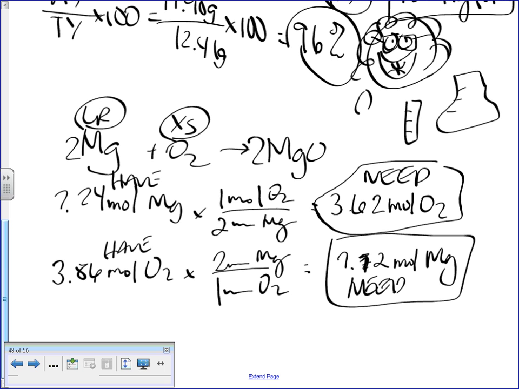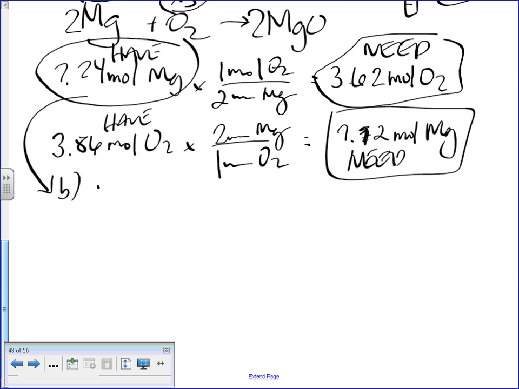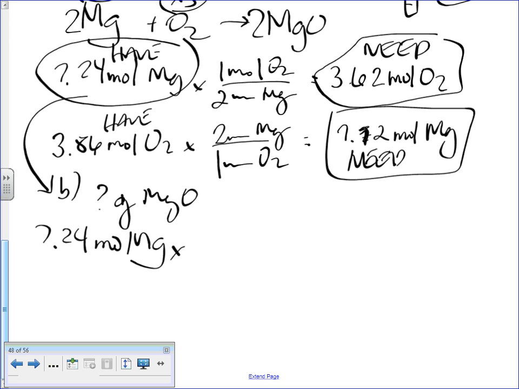All right, and then how much magnesium oxide is formed? So we know who our LR is. How do we start part B? So you're taking the moles of magnesium you have, and you're starting part B with it. The question for part B was how much magnesium oxide is formed. So 7.24 moles of magnesium. Tell me what I do from there.